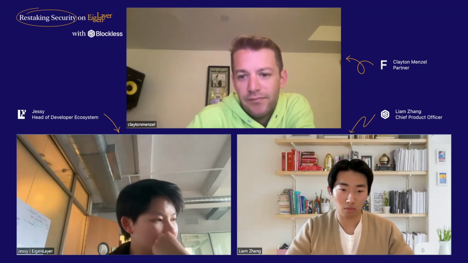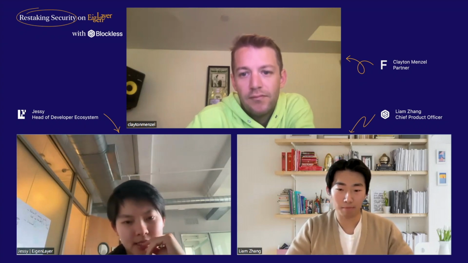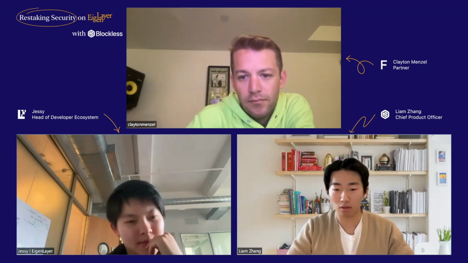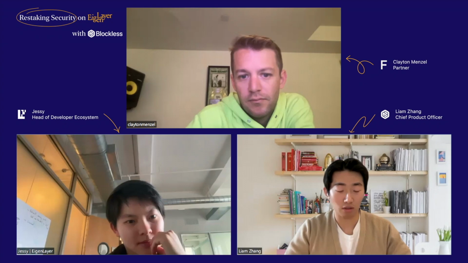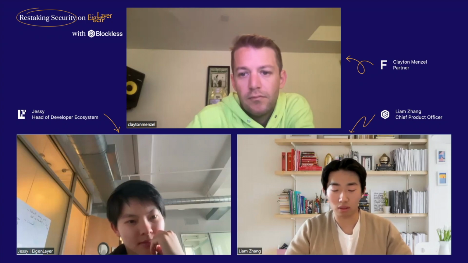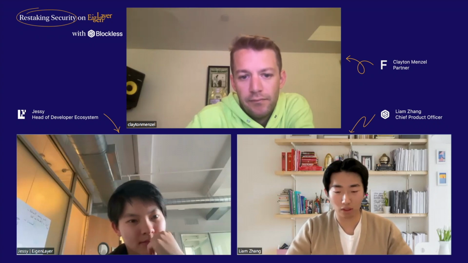But ultimately, it is everyone's goal to make the process as easy and frictionless as possible. I guess we'll dive deep into how we quantify these risks and how, potentially through EigenLayer's mechanism and Blockless's mechanism, we can collectively reduce the friction involved in the process and make the system as secure and frictionless as possible.